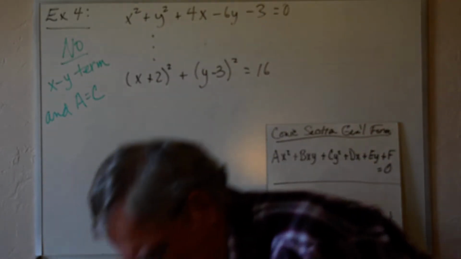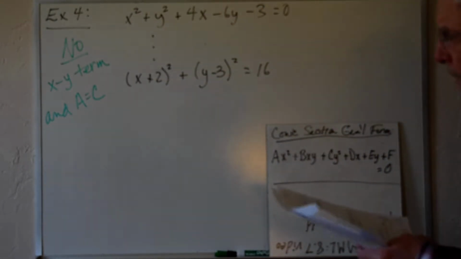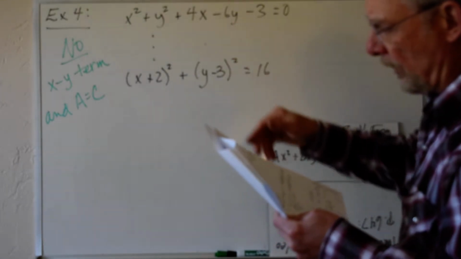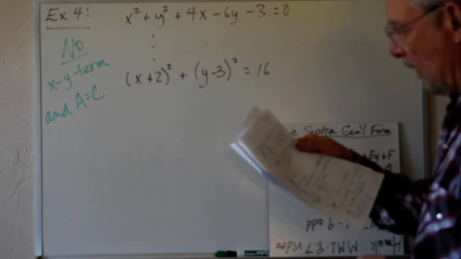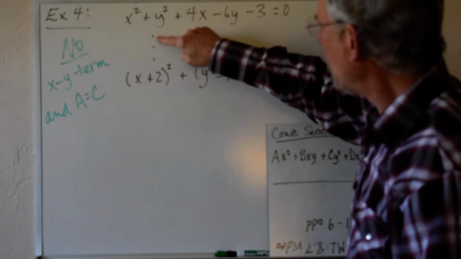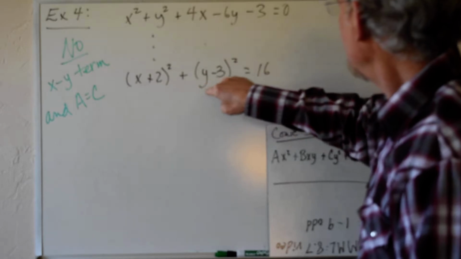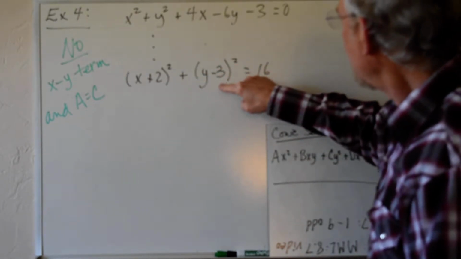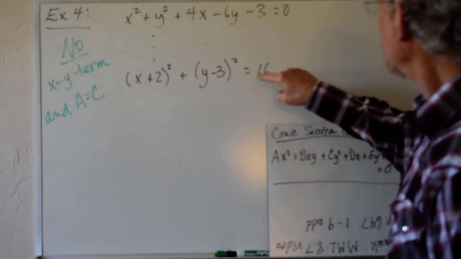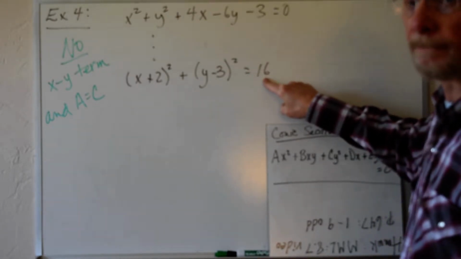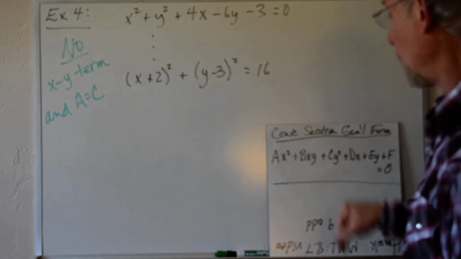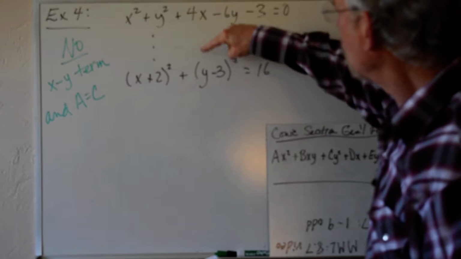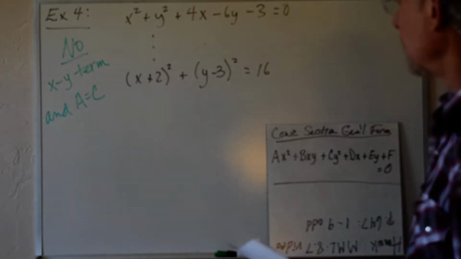Now let's look at example 4. We're asked to write this equation in standard form for a circle. And they do a whole bunch of algebra, and they get it to look like this. So, h is negative 2, k is positive 3, r is 4, because 4 squared equals 16. But I want to emphasize looking at this going in the other direction.